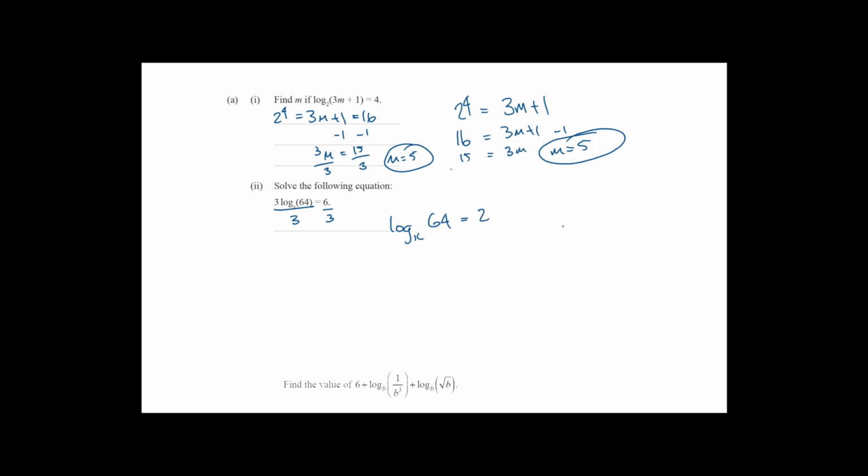If we want to rewrite that, it would be x squared equals 64. So x is going to equal plus or minus 8. But of course, x must be positive 8 because you can't have a base of a negative number. So x is positive 8.